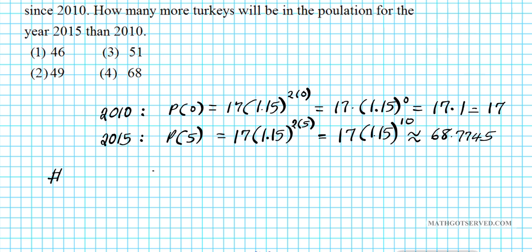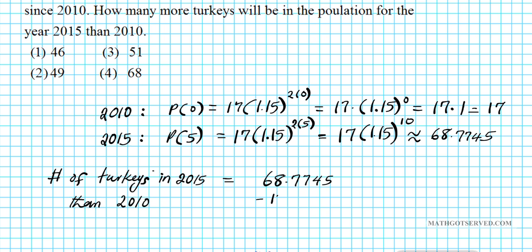The number of turkeys in 2015 than 2010 is simply the difference, right? So it's going to be 68.7745 minus 17, okay? And then when you compute the difference, you have 51.7745. So our answer is 3.